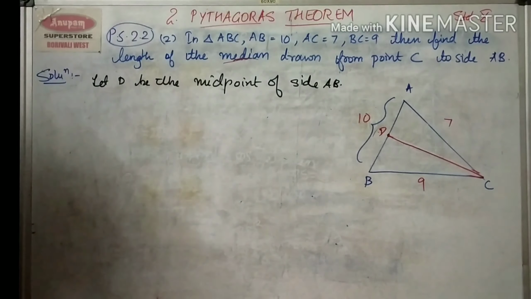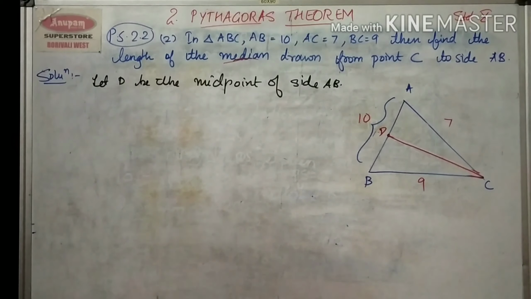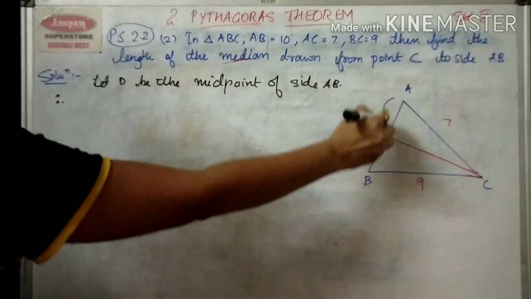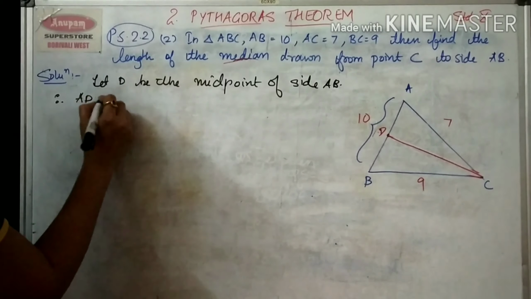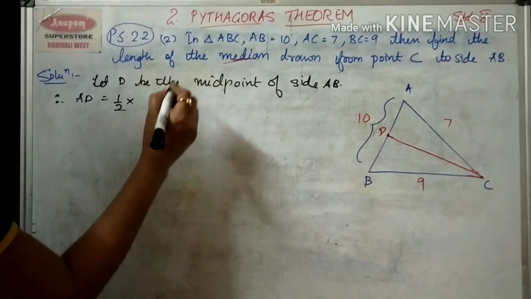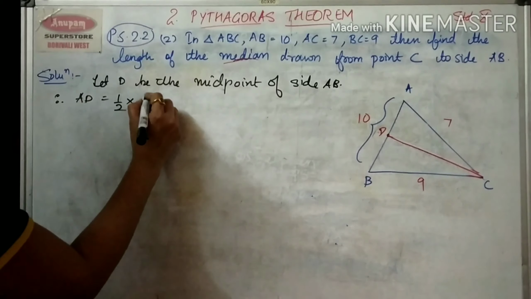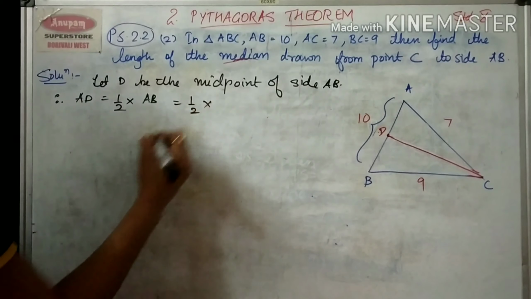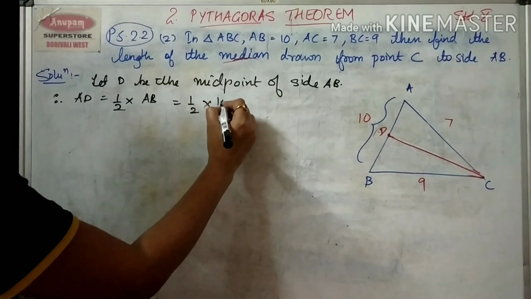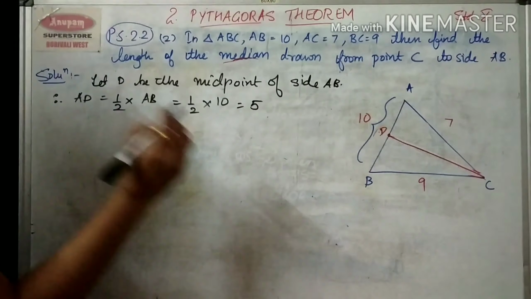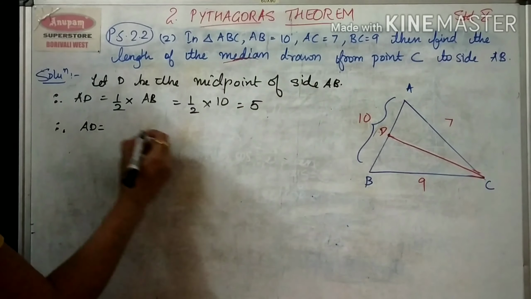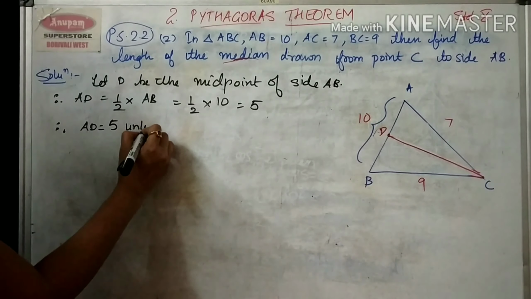Therefore, AD is equal to half into AB, which is half into 10, which is 5. So our AD is equal to 5 units.